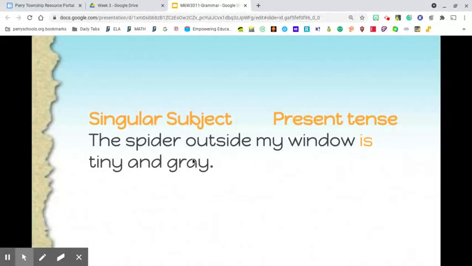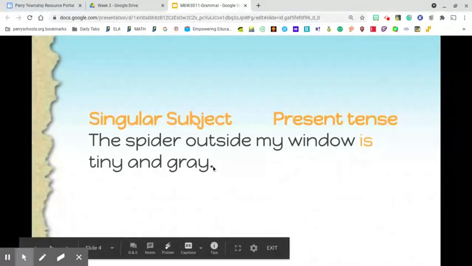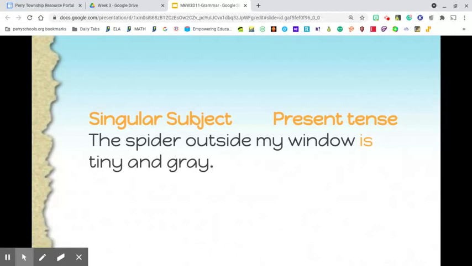When I look at this sentence, the spider outside my window is tiny and gray. I'm looking for my singular subject, which is spider, and my present tense verb is the word is. The spider is tiny and gray. So in this sentence, I'm using is to show present tense because it is a singular subject.